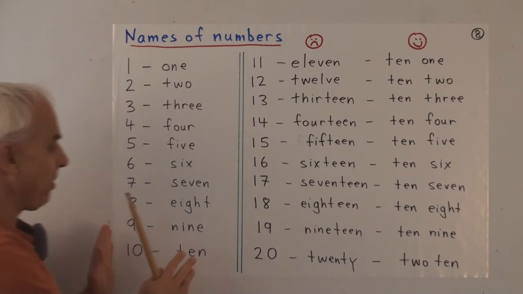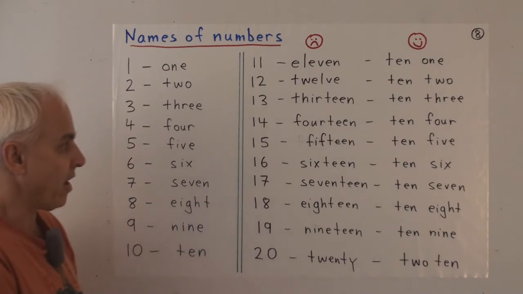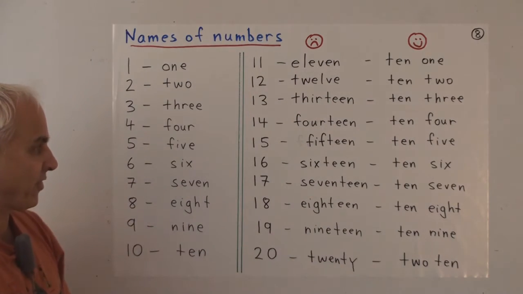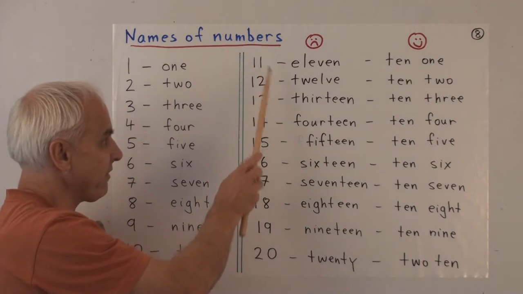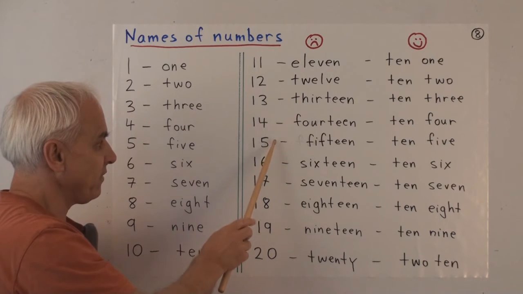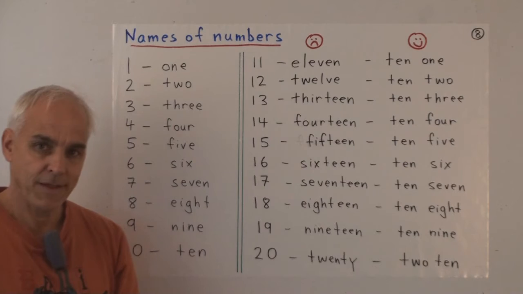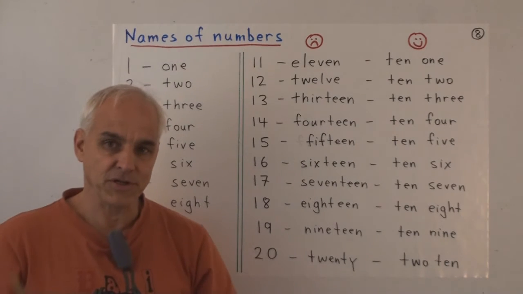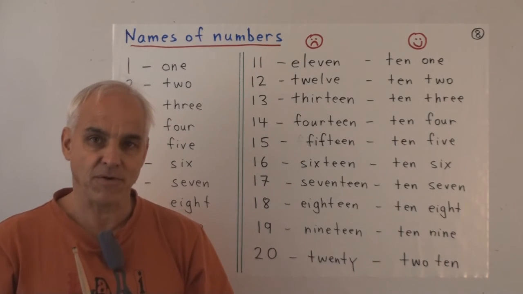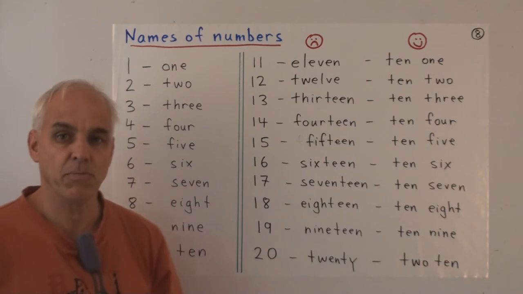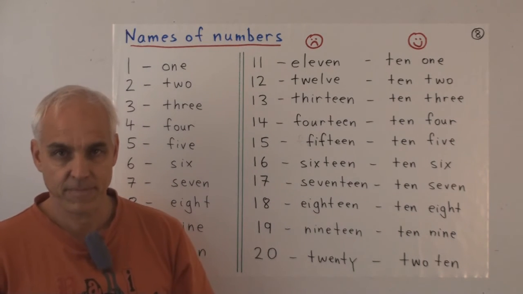Unfortunately, the problems with our naming are much greater when we look at this range of numbers. The numbers that we usually call 11, 12, 13, 14, 15, 16, 17, 18, 19, 20. Now, if you're any person over the age of 10 in the English-speaking world, you will know these words and you will be very familiar with them.